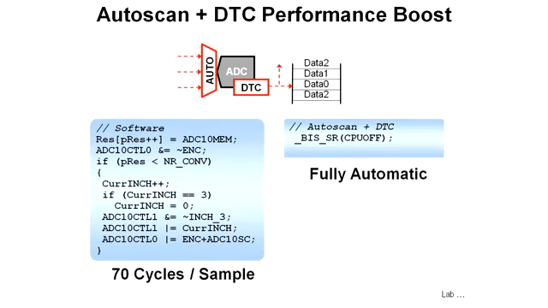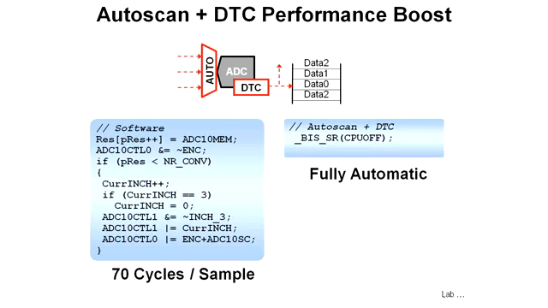Having the auto scan on the MSP430 device is an important feature for lowering the power consumption and the amount of code that has to be running at any given time. You can see from the code example on the left where we would have to switch channels and go between each and every one of the input channels making the measurement.